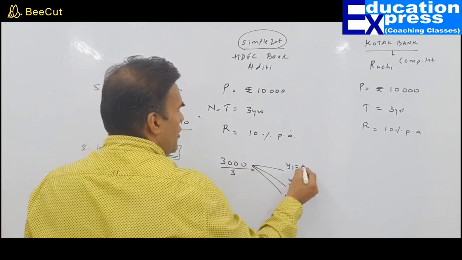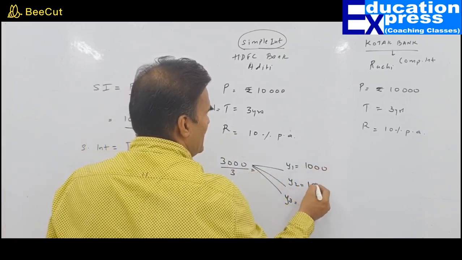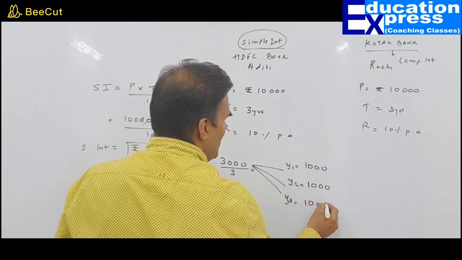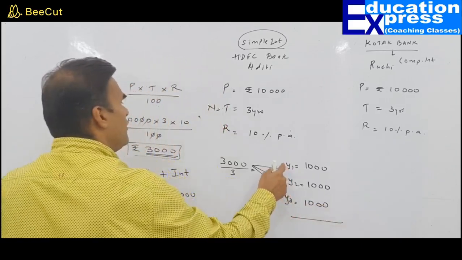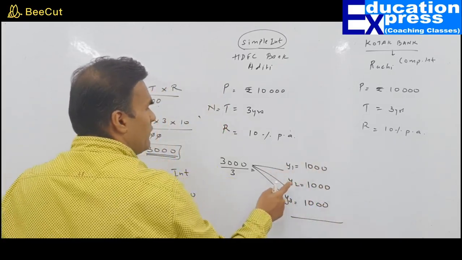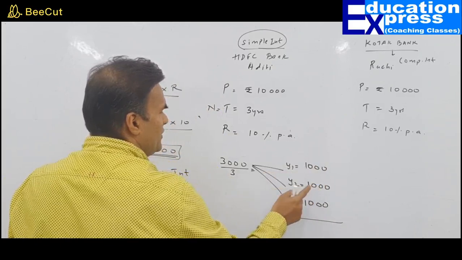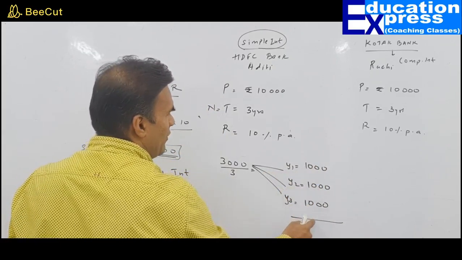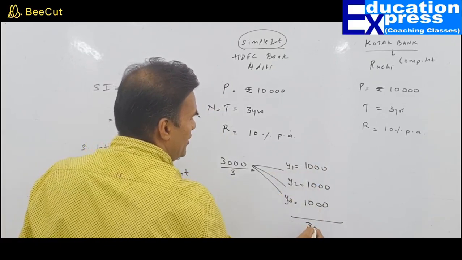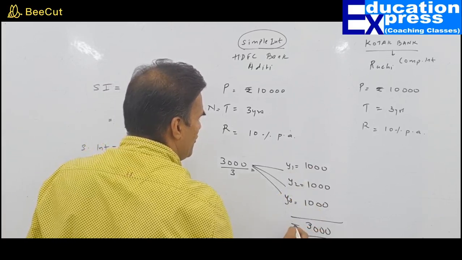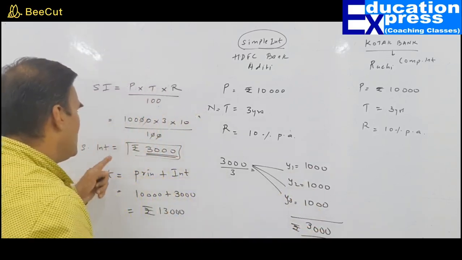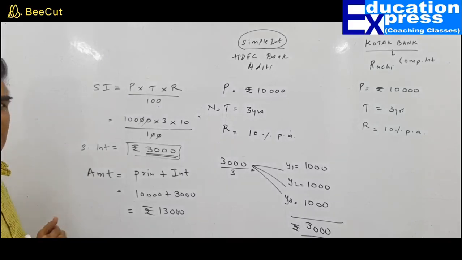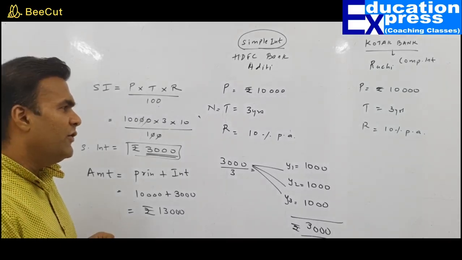So every year you earn 1000 rupees, 1000 rupees, 1000 rupees. So the interest earned for first year is 1000, for second year it is 1000, for third year also it is 1000. So the total interest earned in 3 years is rupees 3000. This is the total amount. That is not the case in case of compound interest.